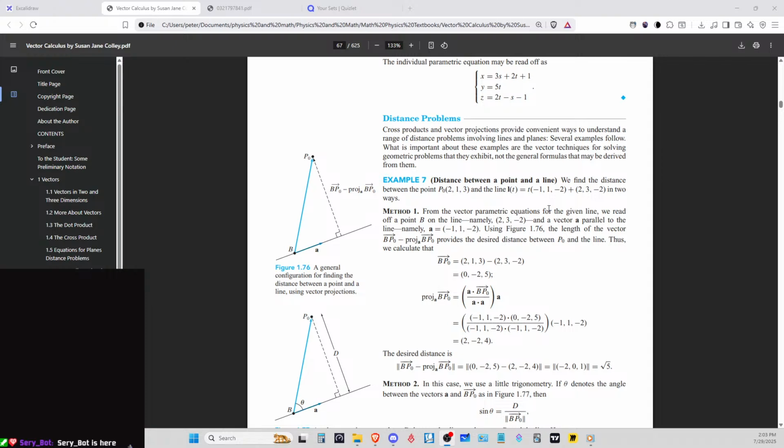Problem: distance between a point and a line.